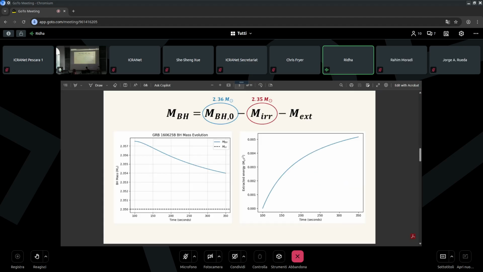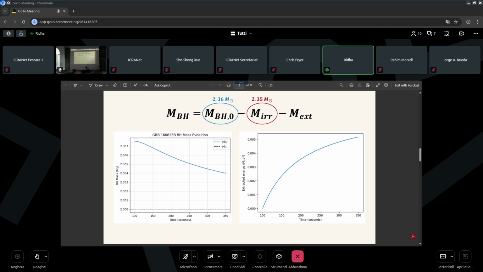So that mass would be our lower limit of the initial mass, and the irreducible mass is fixed at 2.35 solar masses. So this is the most massive neutron star that has been yet discovered.